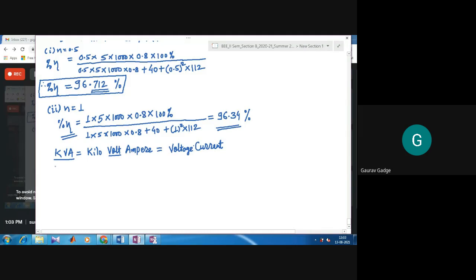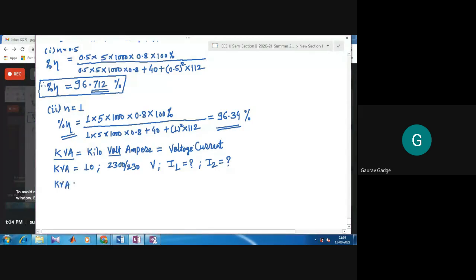As Pratik is asking, if I say kilovolt ampere is given as 10 in a numerical with a voltage ratio, like in this particular case 2300 by 230 volt, and I ask you to find the full load currents, primary I1 and secondary I2, what can we do?